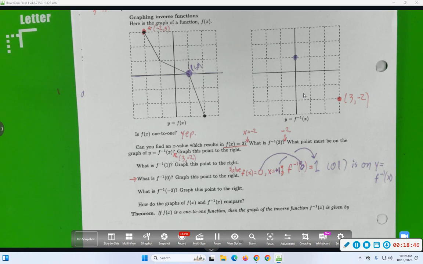Cool. What are we getting? Yeah, (1, negative 1).